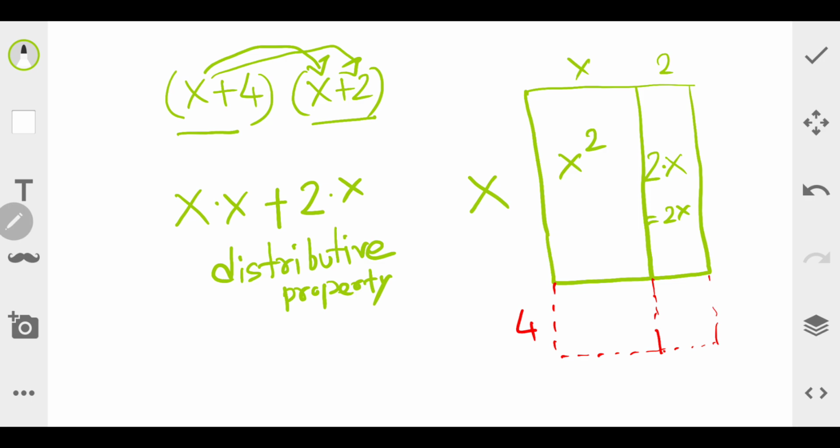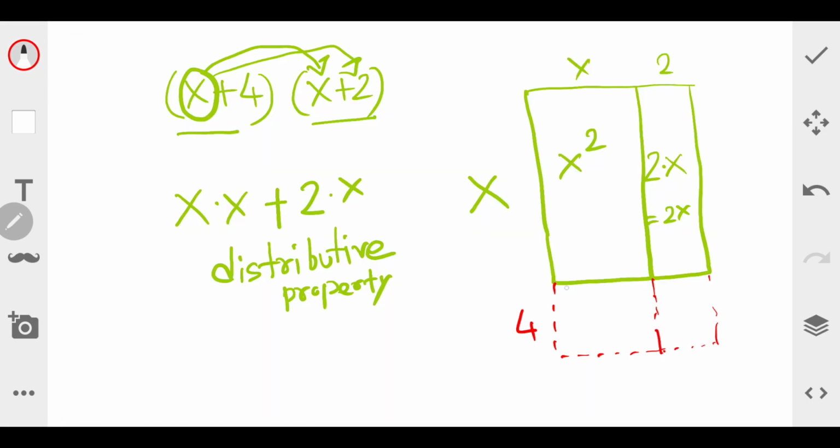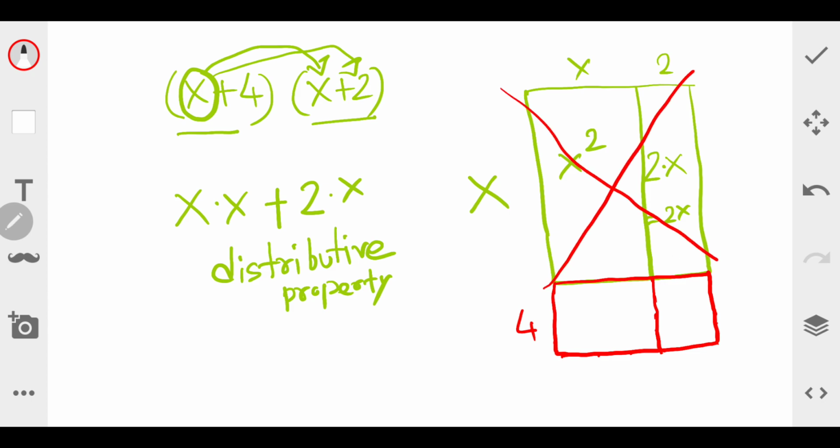So what did we just distribute? We only distributed this x with this x plus 2. We still have to take care of the 4. Now let's look at the bottom part. Let's say the red part is now there, so let's look at the red part. Let's forget about the top part, let's say it doesn't exist.